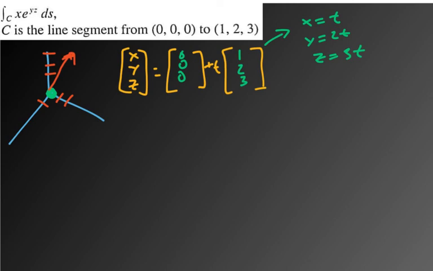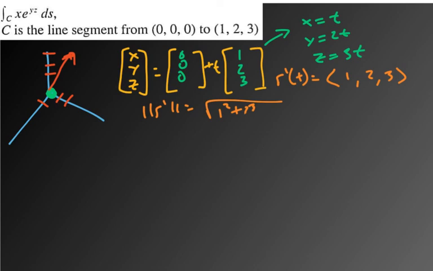You can do the magnitude. So r prime here is just going to be 1, 2, 3, right? And then the magnitude of r prime is the square root of all those things squared. And that thing is square root of 14. So now we have the integral in terms of the time.